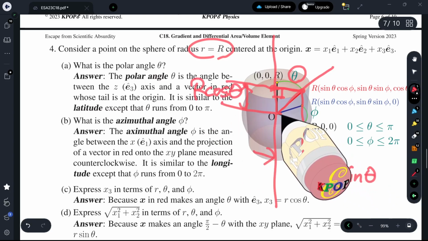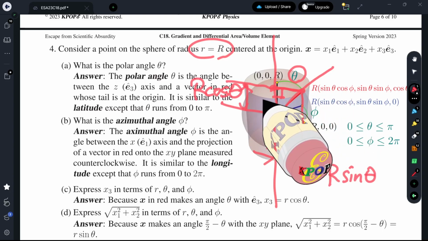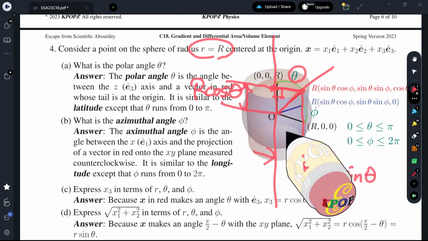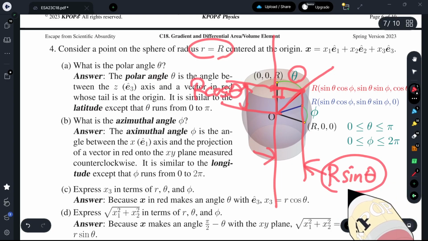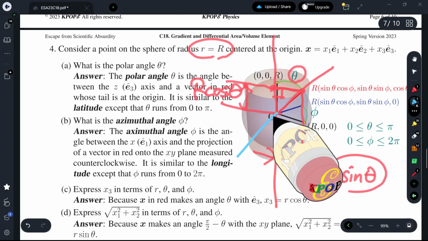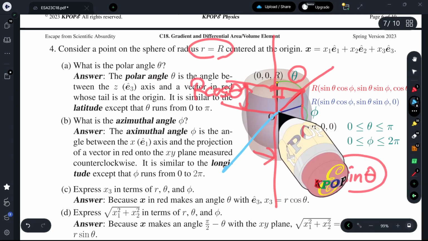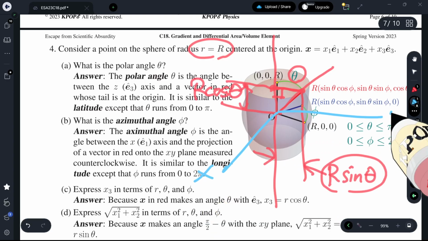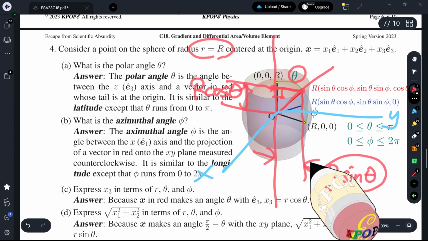Because this planar radius is r sine theta, if I introduce x and y coordinates, then it's a projection.